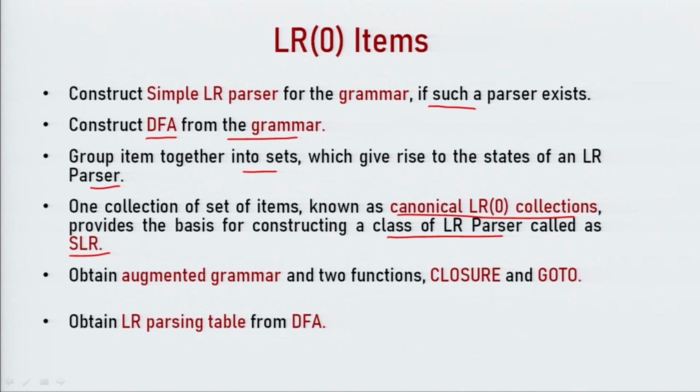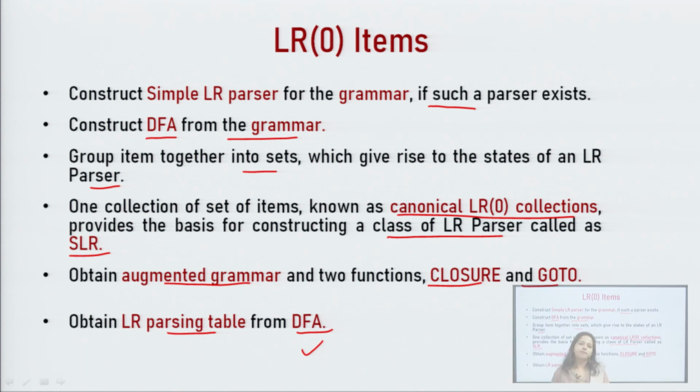For doing so, we will obtain the augmented grammar, and we will compute two functions, closure and goto, and we will obtain the LR parsing table from the DFA. So, the idea is that for the given grammar, we will obtain the augmented grammar, then we will calculate the closure and goto functions for the items, then we will draw the DFA, that is called the LR0 automata, and using the DFA we will construct the parsing table.